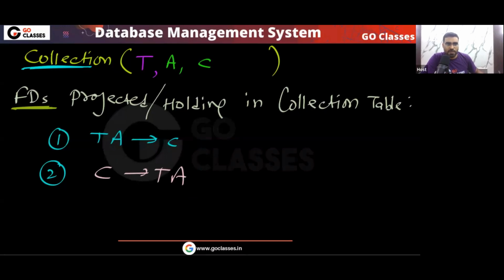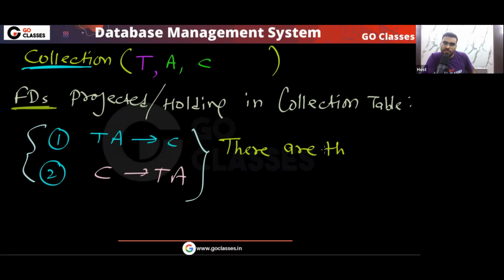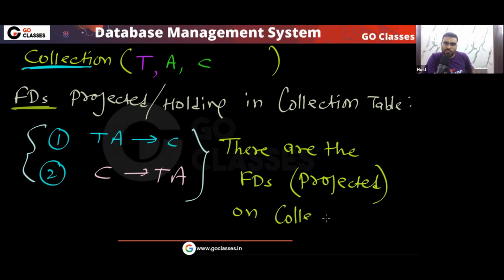Please understand that in this collection table, these are the FDs of the collection table. These are the FDs projected, or I can simply say these are the FDs on the collection table.